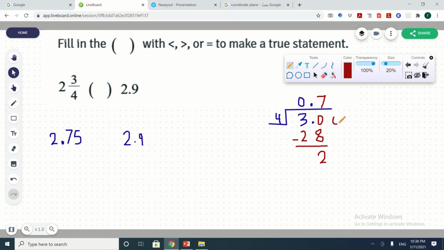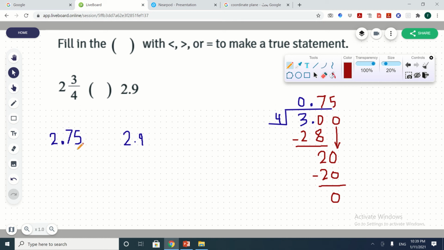Add another 0, bring it down, it will be 20. 20 divided by 4 يعطينا 5. 5 multiplied by 4 يعطينا 20. Subtract يعطينا 0. انتهت عملية القسمة وطلعت لي هذه النتيجة. After 2 point we will put 75.